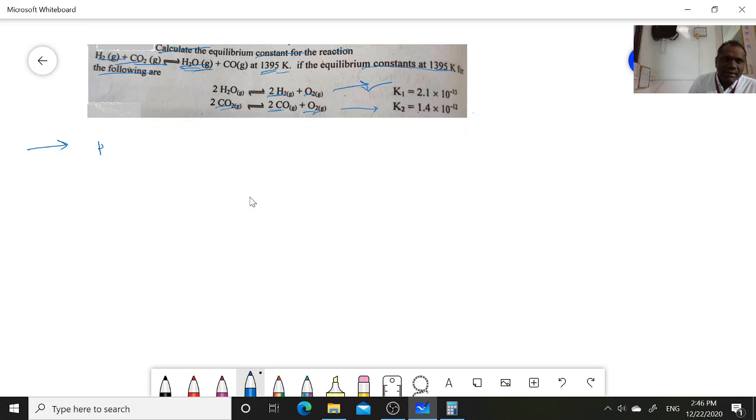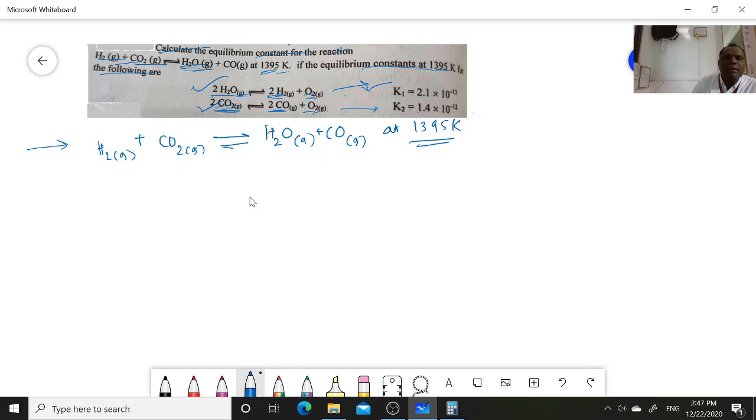The reaction H2 gas plus CO2 gas, in equilibrium, gives H2O gas plus CO gas at 1395 Kelvin. But additional information is given: 2H2O gas converts into 2H2 gas plus O2 gas, a reversible reaction, and 2CO2 gas converts into 2CO plus O2, again reversible.